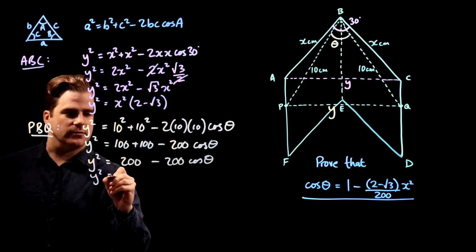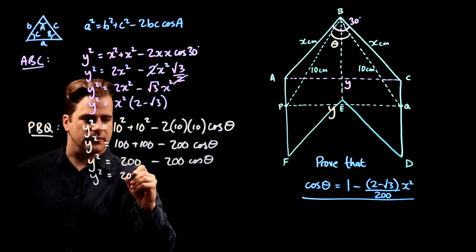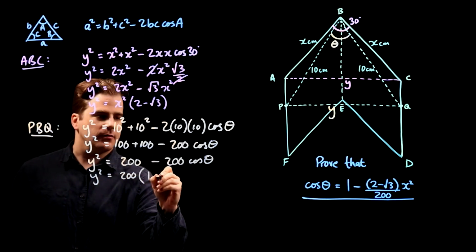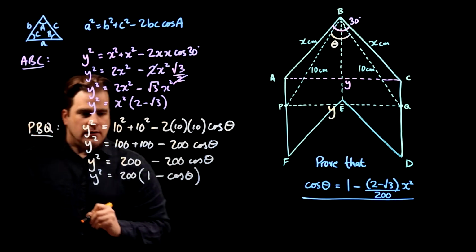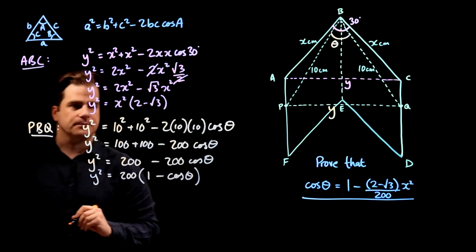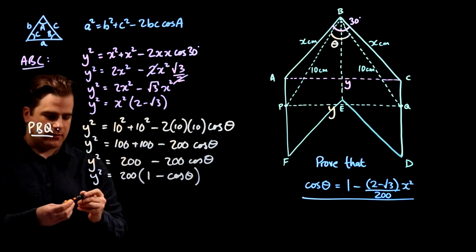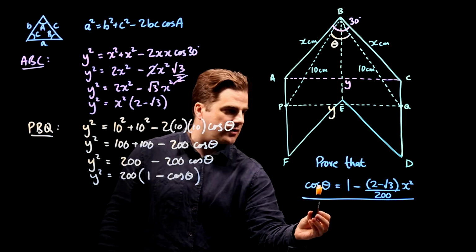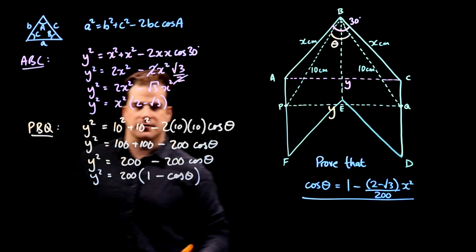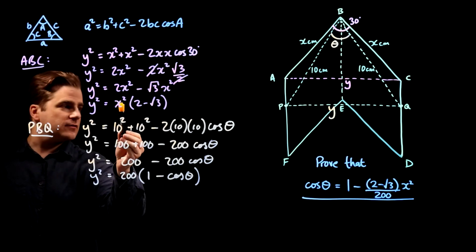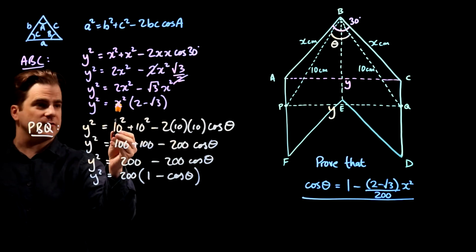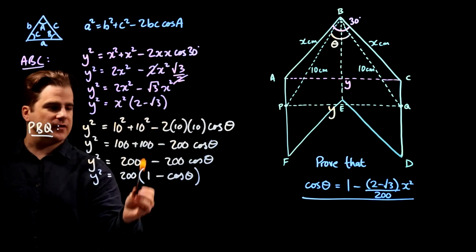Y squared is equal to, let's bring a factor of 200 out, 200 times 1 minus cos theta. Okay, good. Now, we're looking for an expression with cos theta and x and numbers. So we've got cos theta, and we've got x squared, and the rest are numbers here.